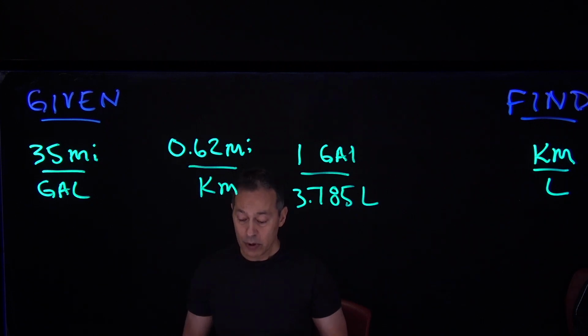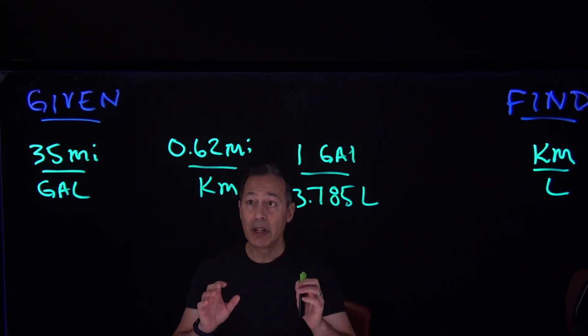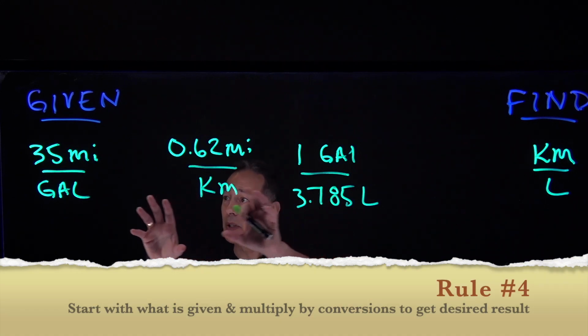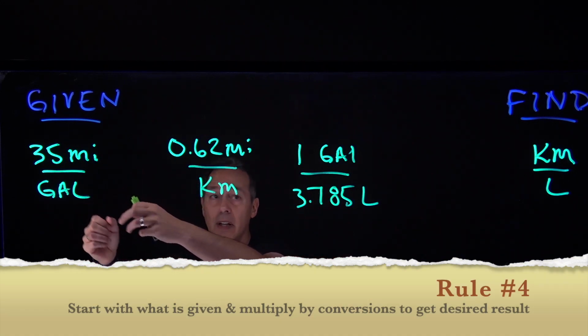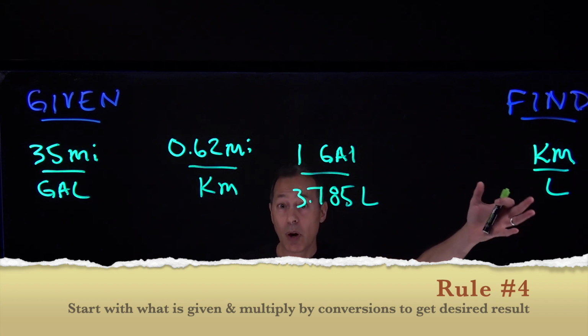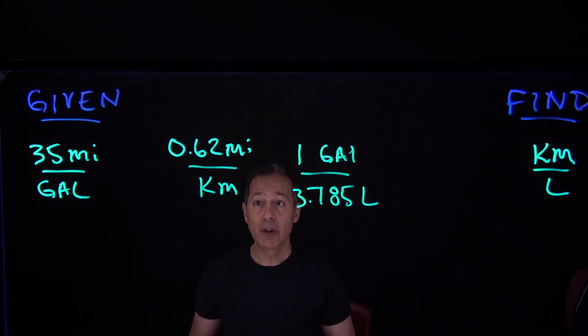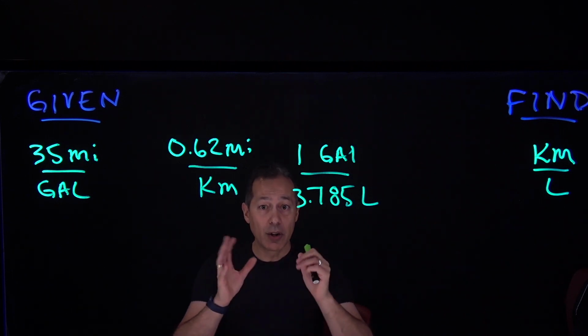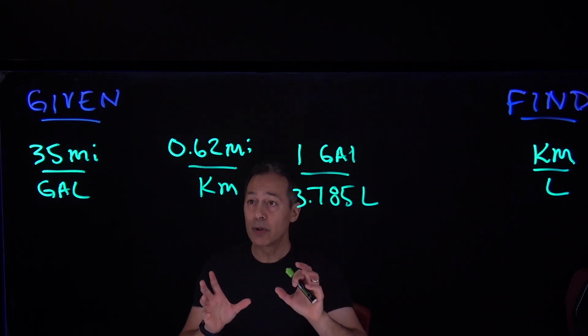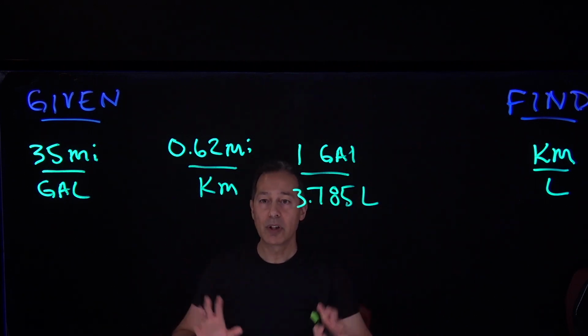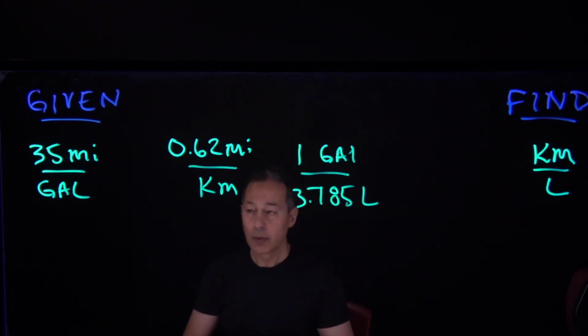Then rule number 4 is taking these conversion factors and multiplying them by what's given to end up with what we want to find over here. The key to this is to look at the units, because our units need to cancel out so that we can go from here over to here. So what does that look like? I'm going to rewrite this over here.